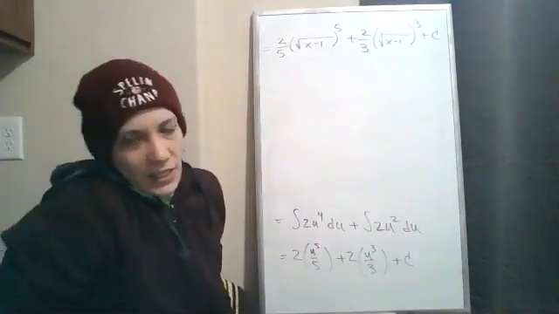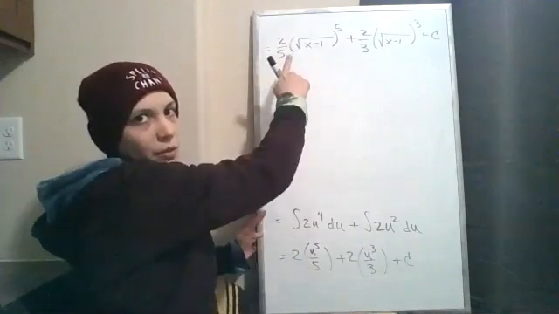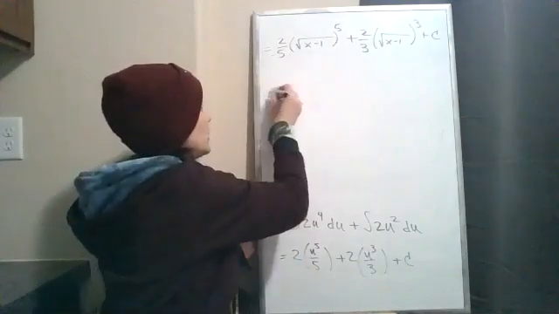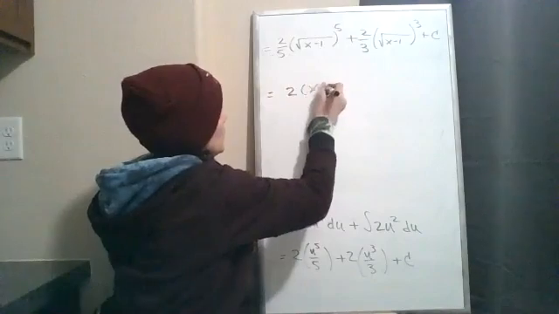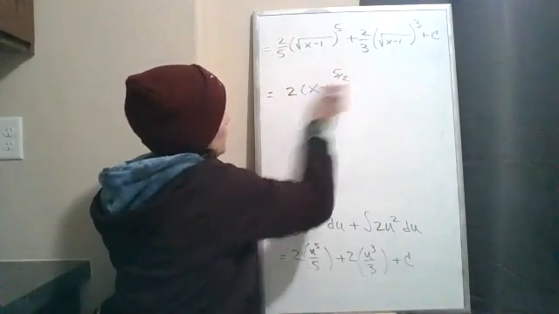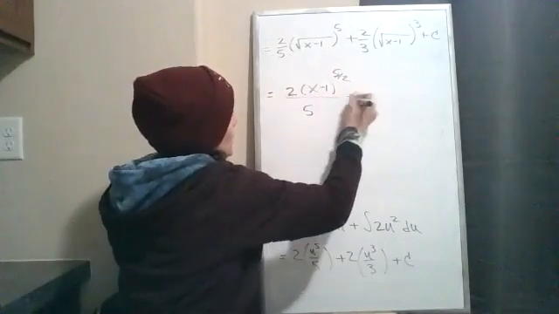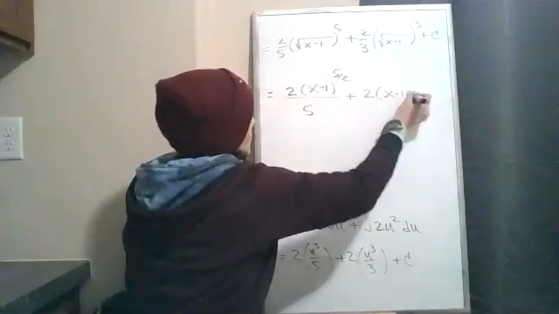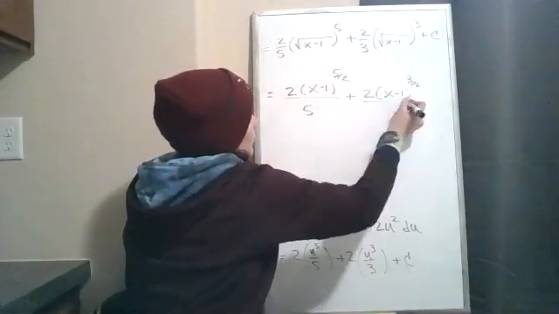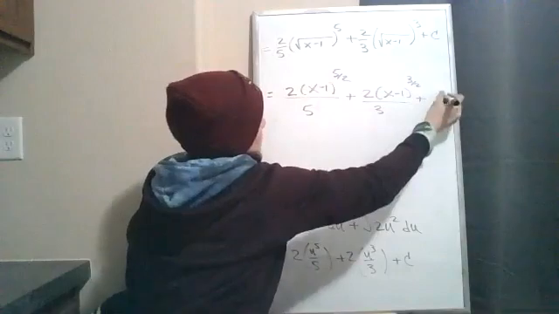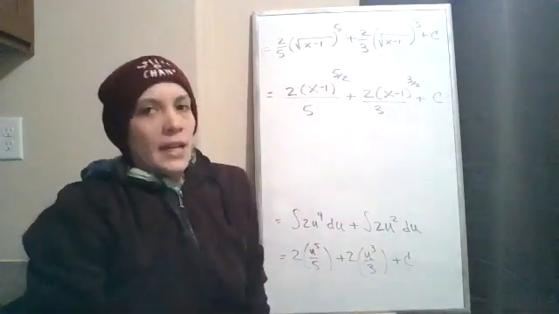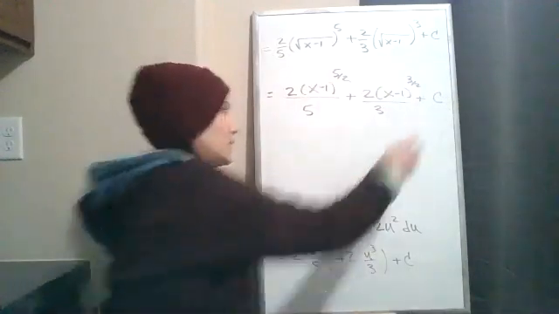I just made this look a little bit nicer by changing that square root to a 1/2 power. So I put 2 times x minus 1 to the 5 halves over 5, and 2 times x minus 1 to the 3 halves over 3, add c. And that would be your answer.